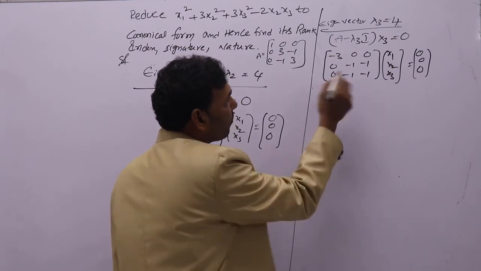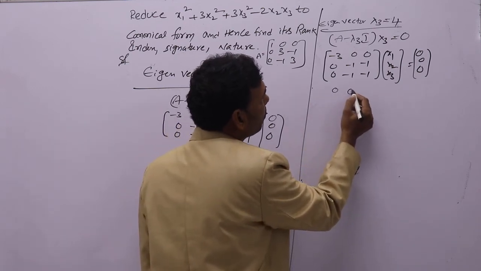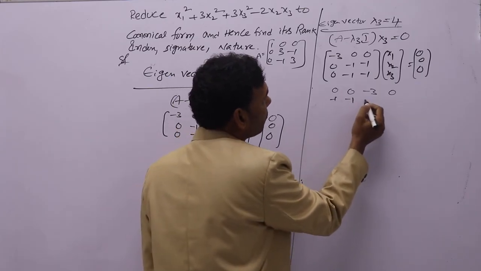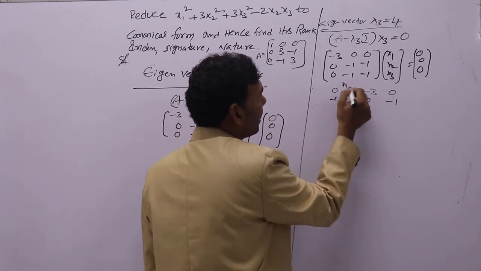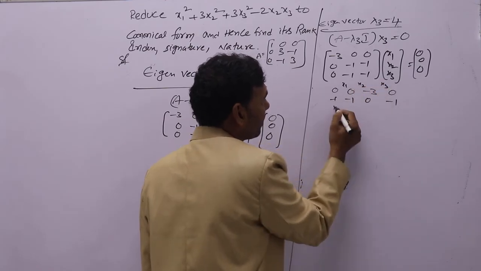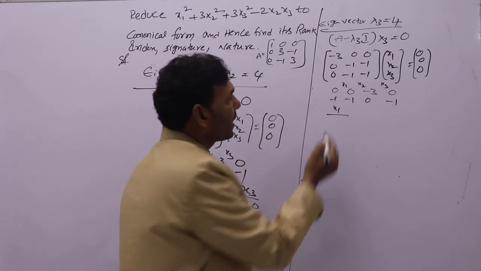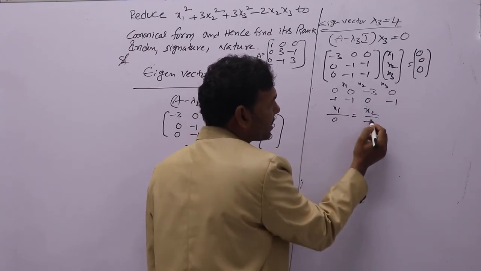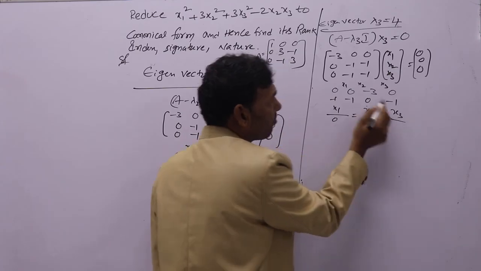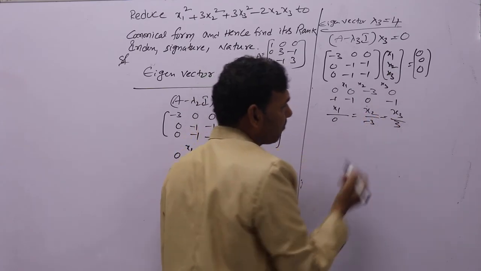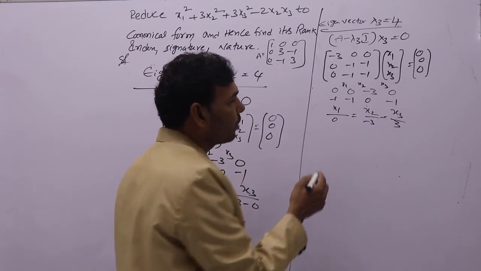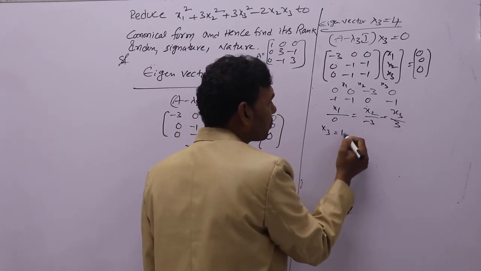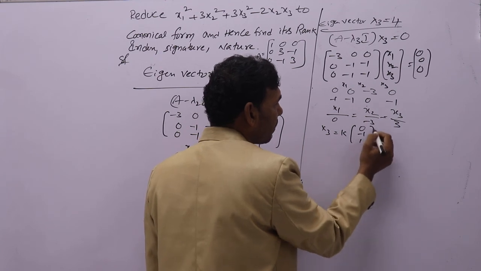Now as usual from second element to second element: 0, 0, minus 3, 0, minus 1, minus 1, 0, minus 1. x1 you will get 0 only, x2 by 0, minus 3, x3 by minus into minus plus 3. So now cancel with 3 and you will get the third eigenvector: k times 0, minus 1, 1.